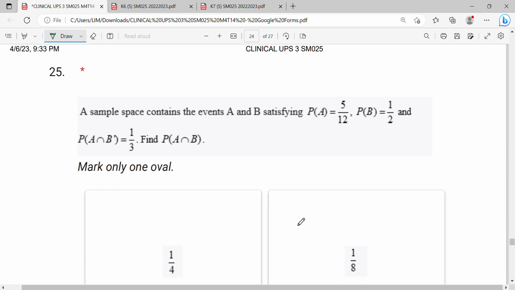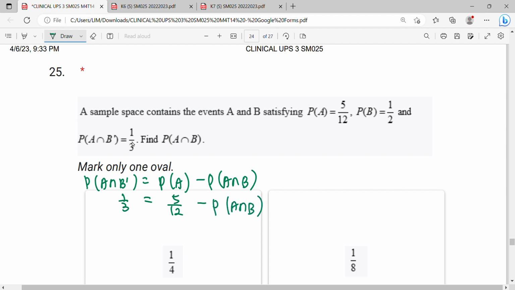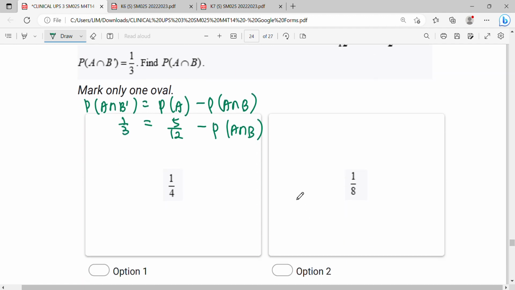So sample space, probability A, probability B, A intersect B. Again, testing you on the same thing just now. A intersect not B is probability A minus probability A intersect B. So 1 over 3, 5 over 12, A intersect B. Saya rasa dia punya soalan asyik keep on the same concept.